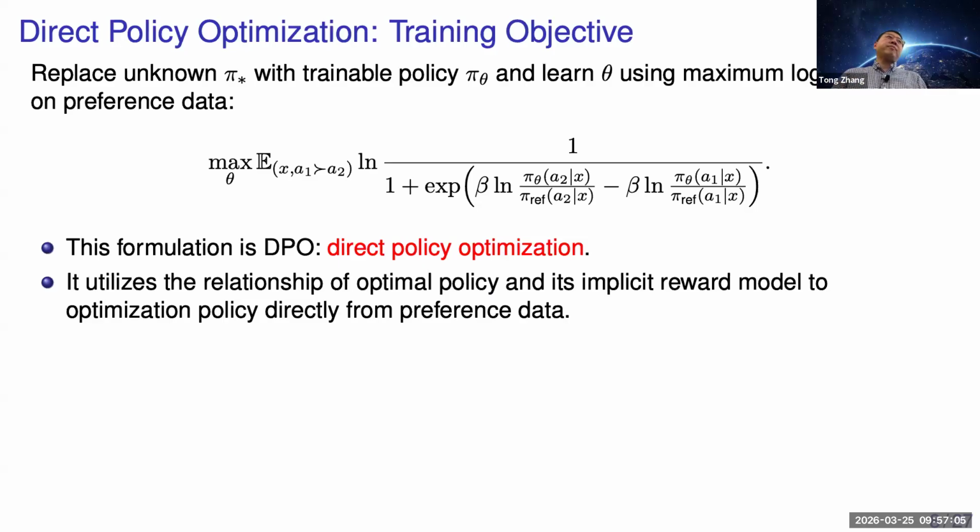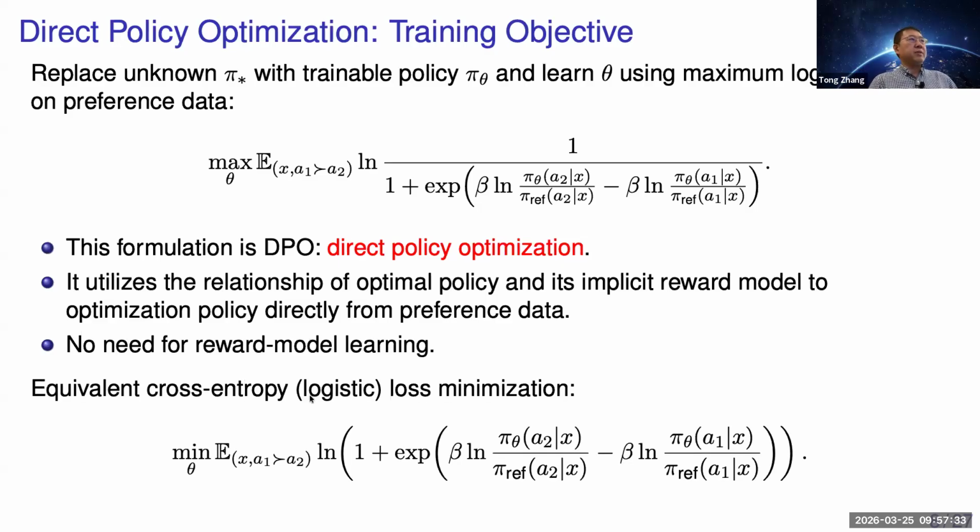Essentially, I have a policy that has an implicit reward given by the optimal solution of the policy-reward relation, which we proved. Then, using that implicit reward, I can directly treat the policy as a reward model.